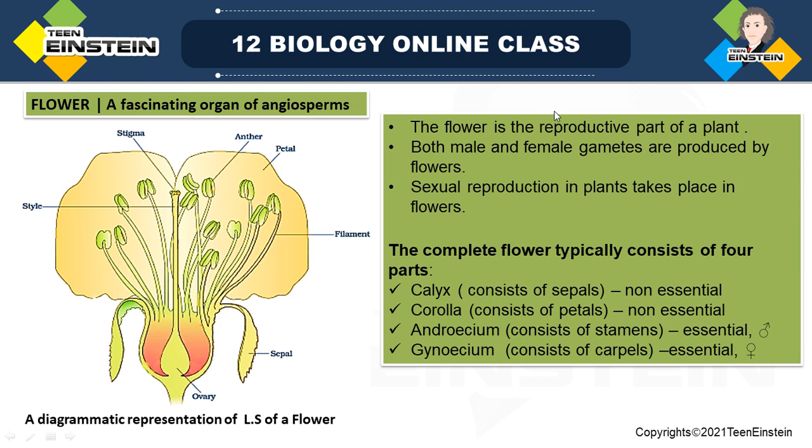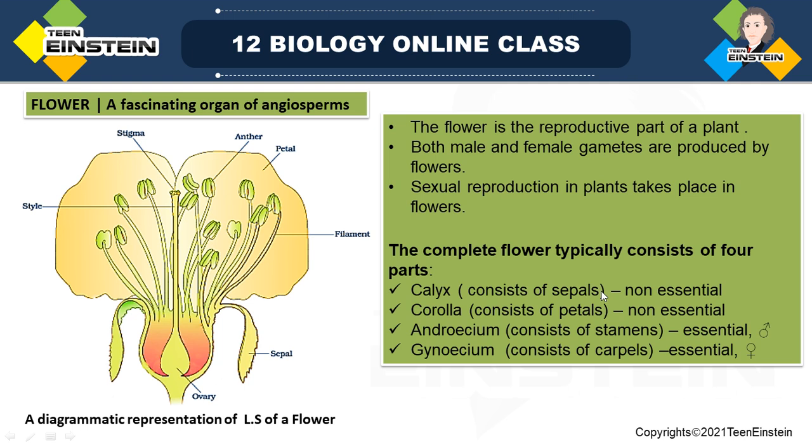Okay. So the flower is the reproductive part of a plant. Both male and female gametes are produced by a flower. And the sexual reproduction in a plant takes place inside the flower, whether it is a minute flower or a big flower. So a complete flower has 4 parts: calyx, corolla, androecium and gynoecium.